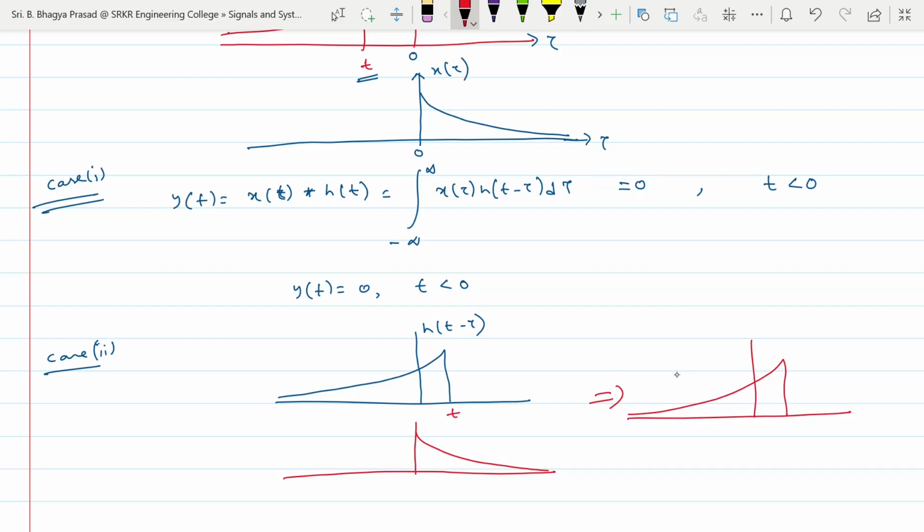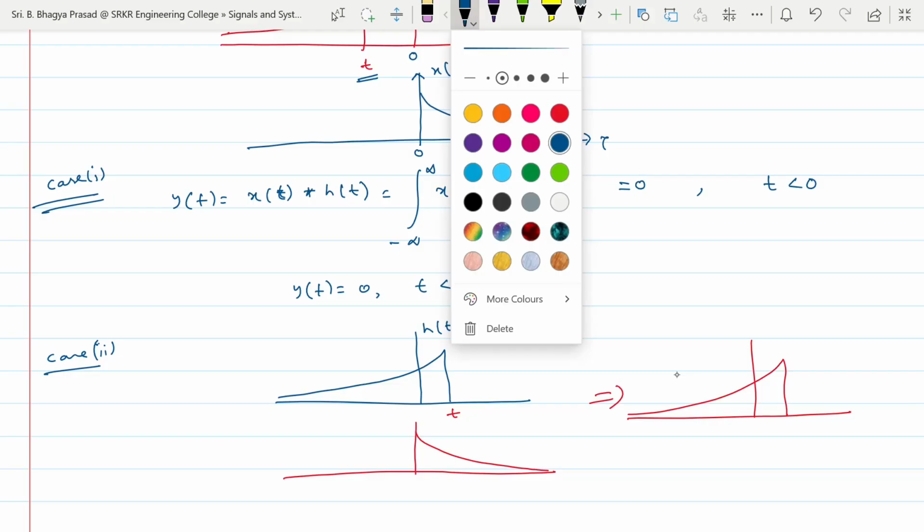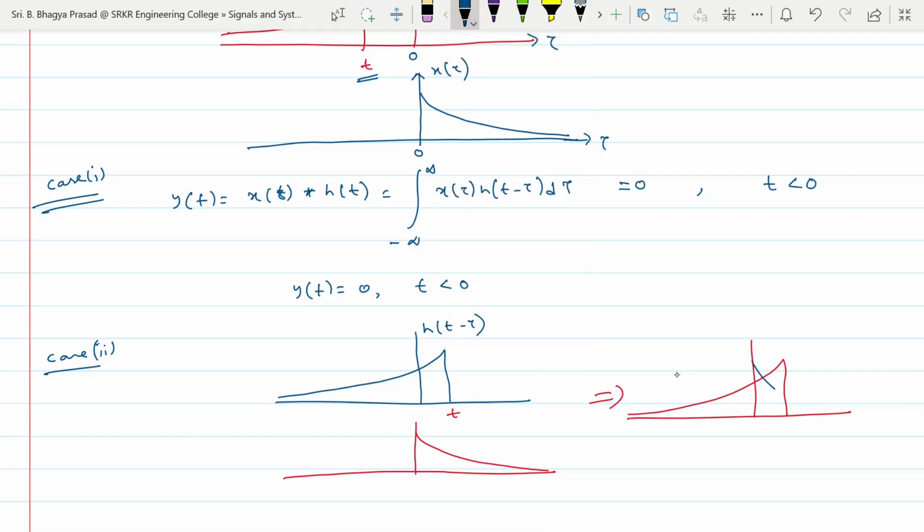So now you have to identify this product. This is t, this is 0 on the tau axis, and this is the multiplication of x of tau and h of t minus tau at a particular position t on the tau axis. At this position the product will be like this. You have to calculate this.